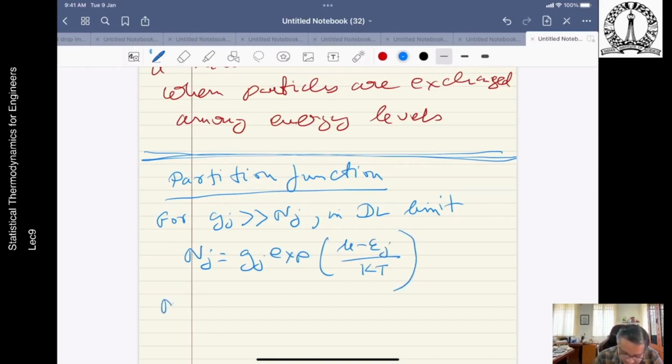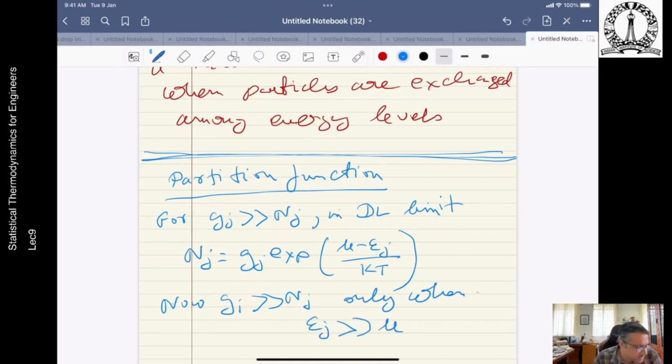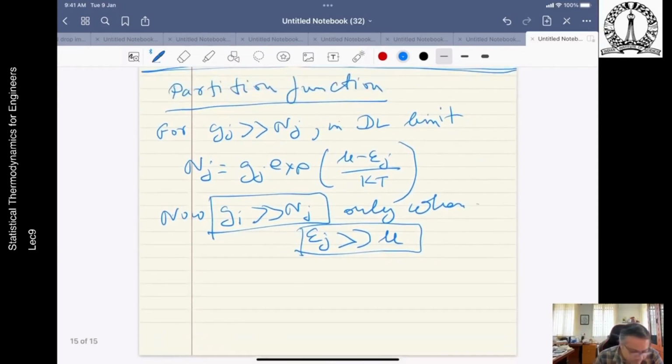Now, Gj is much greater than Nj only when Ej is much greater than mu. Okay, so Gj is much greater than Nj, but this happens only when Ej is much greater than mu. But recognize that Ej is always positive, right?